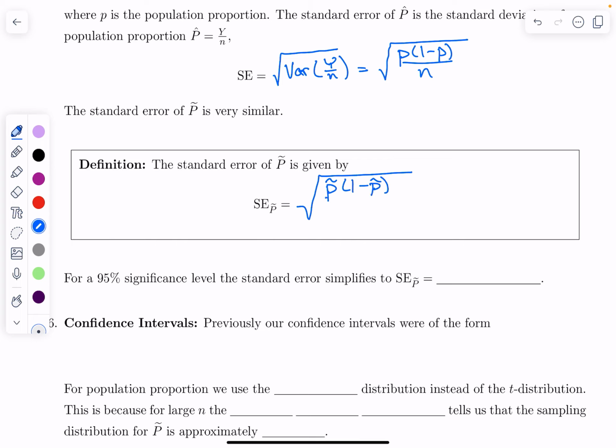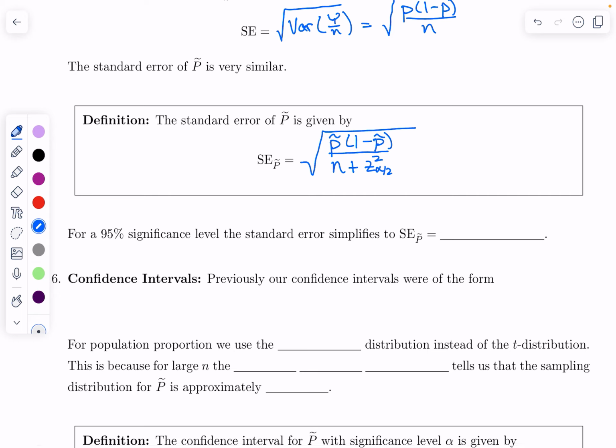But instead we're going to divide by not n, but n plus z sub alpha over 2 squared, which was our denominator for p tilde. For a 95% confidence level, we're going to simplify this to the square root of p tilde times 1 minus p tilde over n plus 4, because z sub alpha over 2 squared is approximately 4.